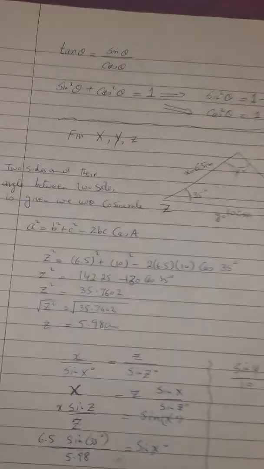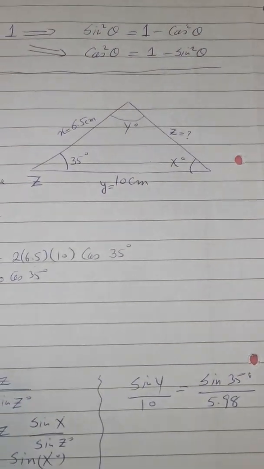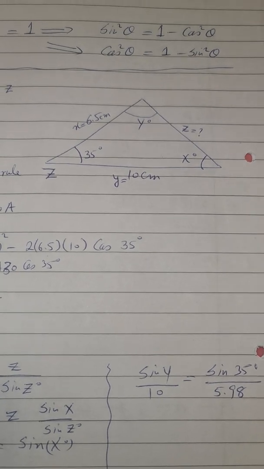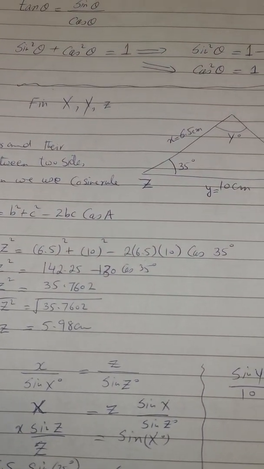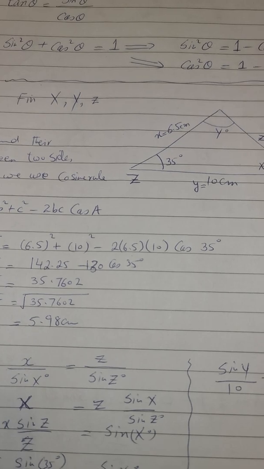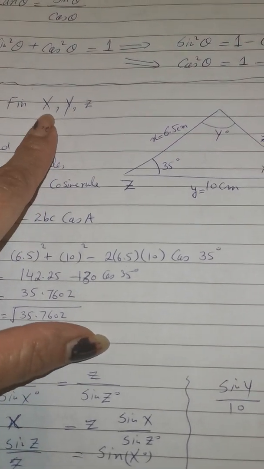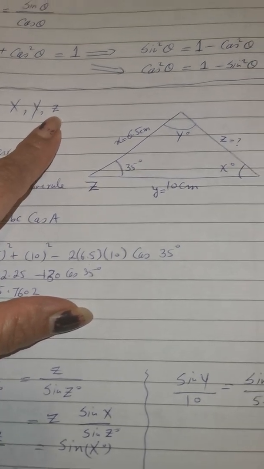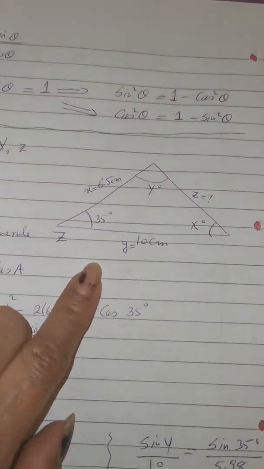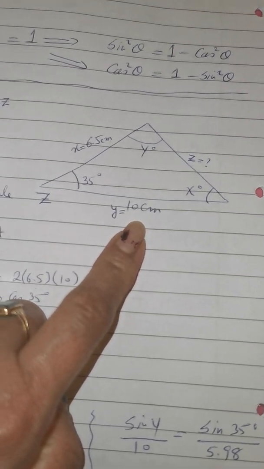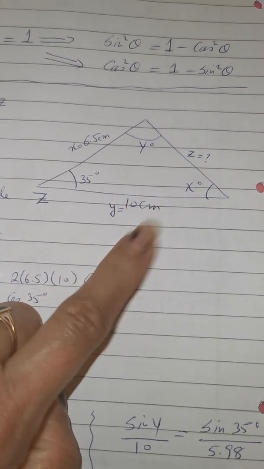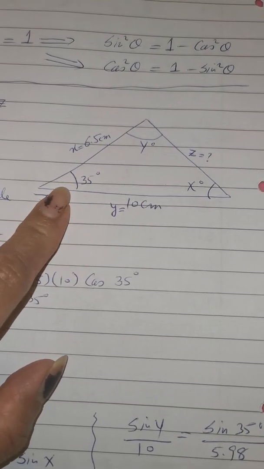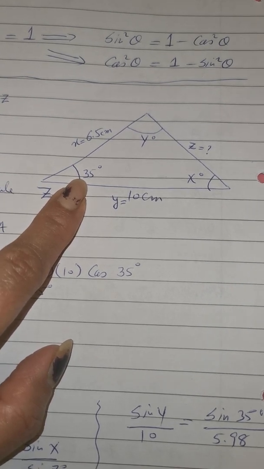And next, here we have another question, and we have learnt about sine rule and cosine rule. In this question they said find capital X, capital Y and Z. So capital X means angle X, capital Y means angle Y, and small z means the side Z. First of all they have given this diagram, and in this diagram they have given Z and its value is 35 degrees, right?